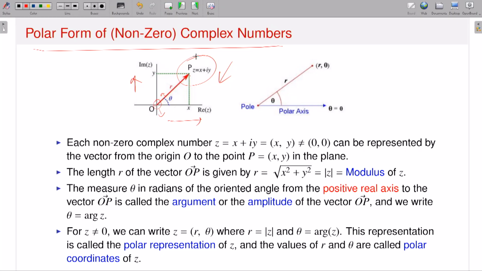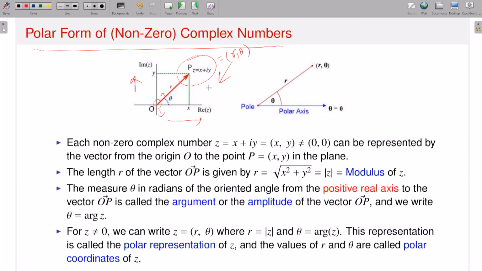Then the same point P I can represent in terms of r and theta. What is r? r is the distance from the origin to that point. And theta is the angle measured in the anticlockwise direction from the real axis. So this is theta. In this way I can also represent a point in the complex plane.